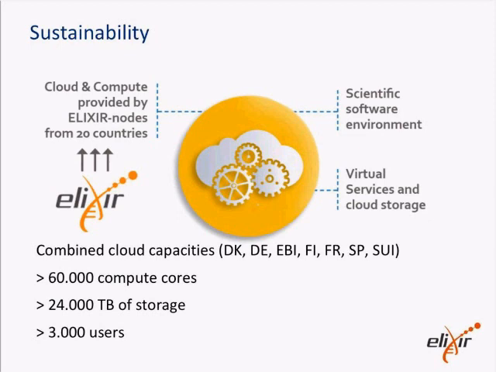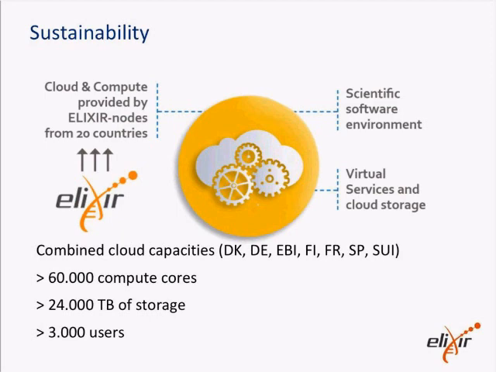So ELIXIR is a fairly large research infrastructure already, so it combines 21 nodes across Europe, and many of those nodes are long-term research service providers, and their combined capacities to support life sciences, computing, and data management could be comparable to other major fields of science.